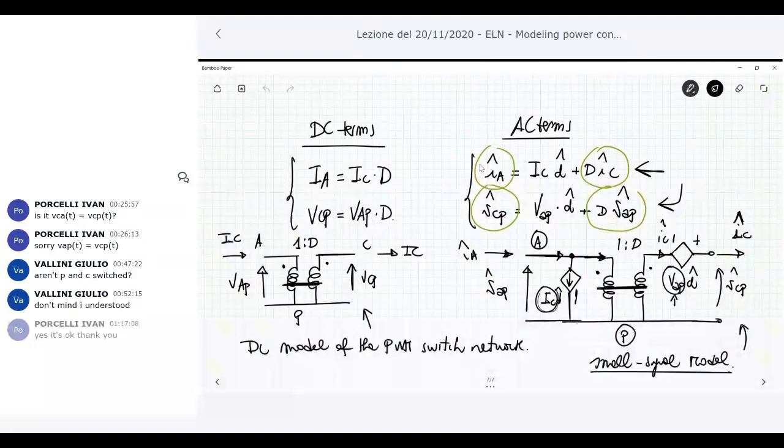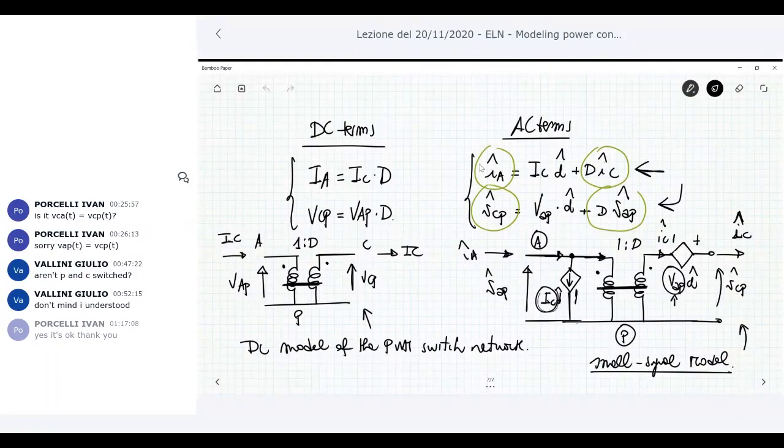It's not needed to restart from the beginning, looking at the topology and writing down the differential equations describing the status of the reactive elements, etc. Because once you have the model for your pulse width modulator switch network, then you can replace it according to the connection of these nodes into the circuits, and then you can solve for small signal analysis.